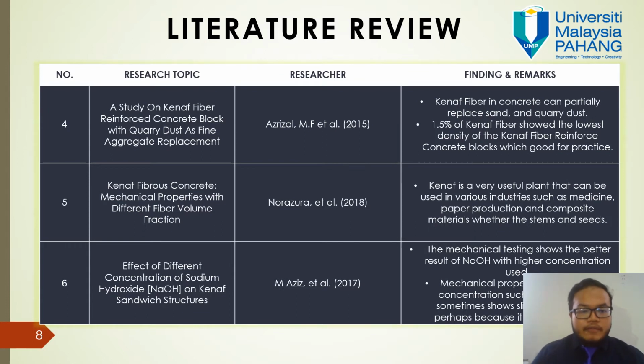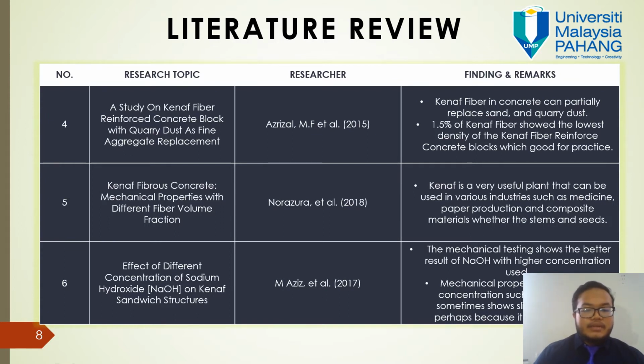Number five, from the research topic of Kenaf fibrous concrete mechanical properties with different fiber volume fraction from Maszura et al., 2018, which said that Kenaf is a very useful plant that can be used in various industries such as medicine, paper production, and composite materials, from the stems and seeds.